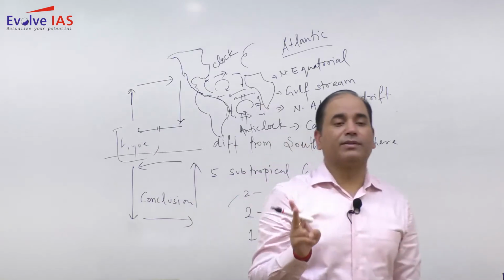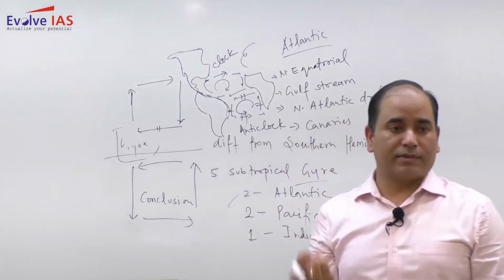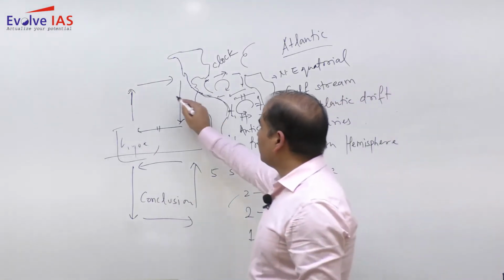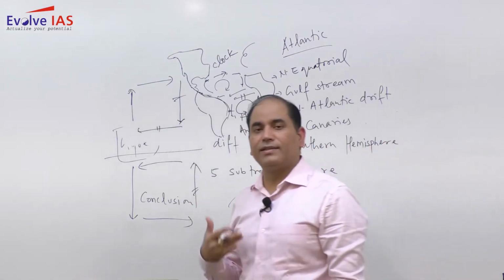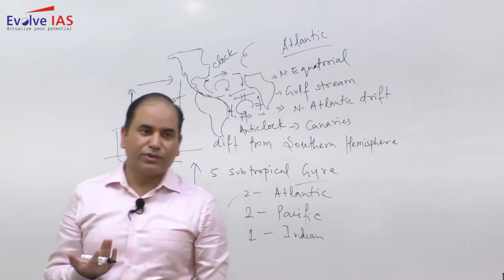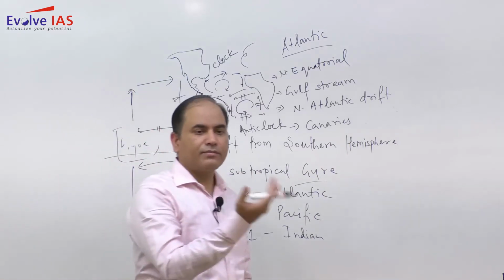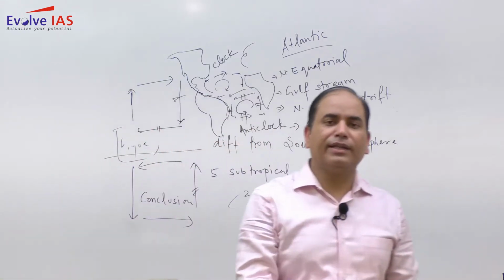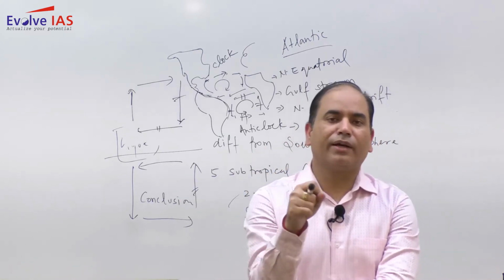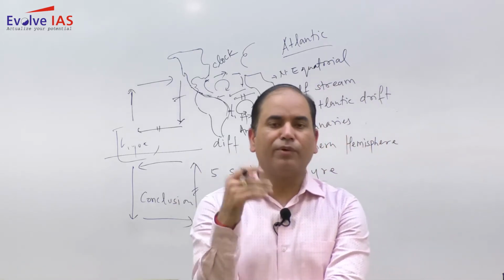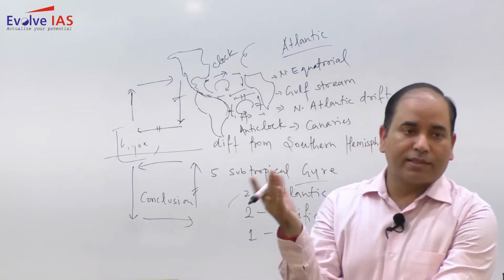In both hemispheres, be it the northern gyre or southern gyre, the eastern boundary is formed by a cold ocean current. So why are the eastern boundary currents cold ocean currents, be it the Canaries in the North Atlantic, the Benguela current, the California current, the Peruvian or Humboldt current, or the West Australian current?